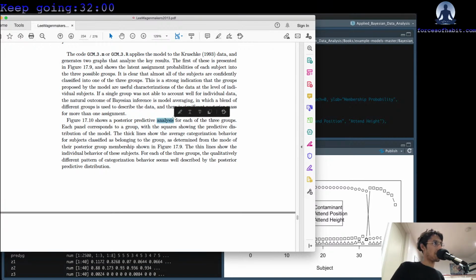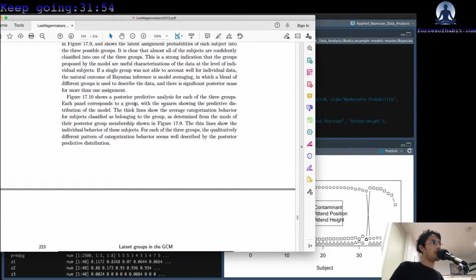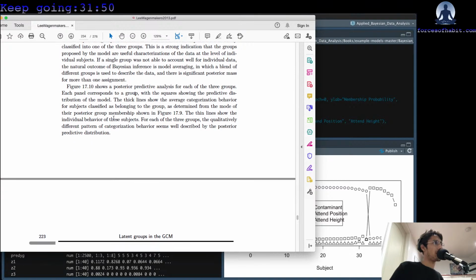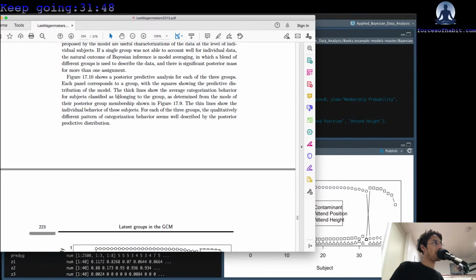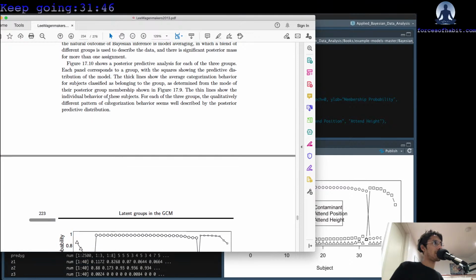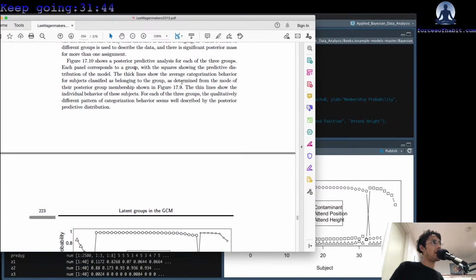So then we look at the posterior predictive analysis. Each panel corresponds to a group with the squares showing the predictive distributions of the model. Thick lines show average categorization for subjects classified as belonging to the group, as determined from the mode of their posterior group membership.